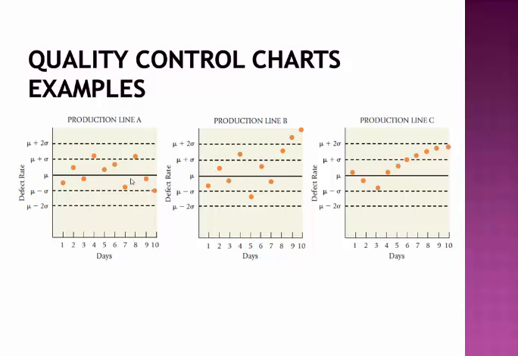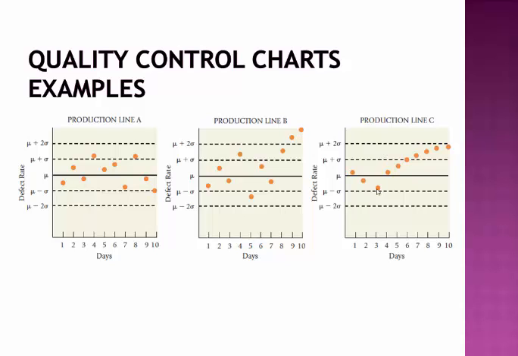We're good to go. Notice here on production line B, you can see that we have many observations that are within, but here towards the end, notice that we've got days down here on the bottom of our charts. Towards the end of the 10-day period, you can see that something is going on and we are headed out of our range.